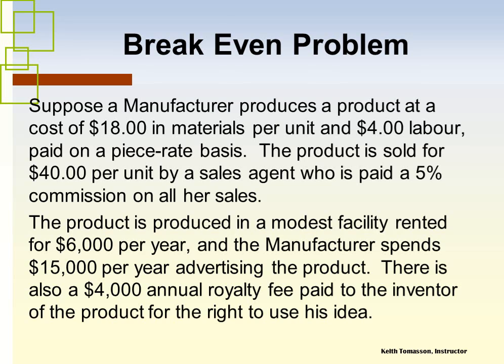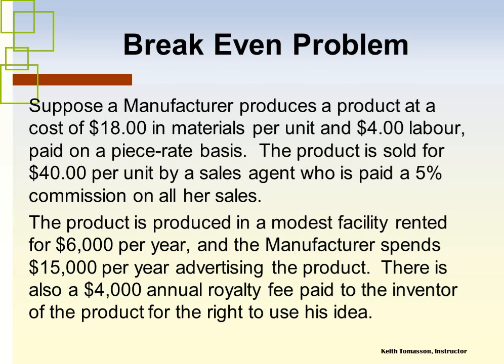They produce a product that costs $18 in materials per unit, $4 labor on a piece rate basis. What the piece rate basis means is that for every unit produced, we will pay $4 in labor. So it's directly related to the production and sales.